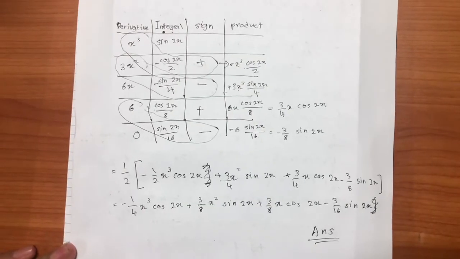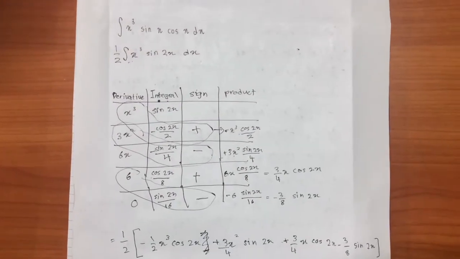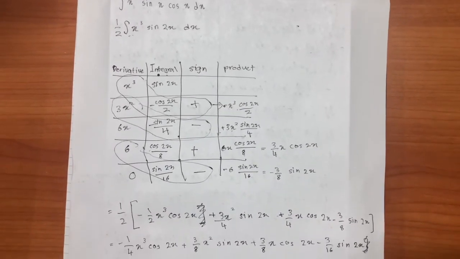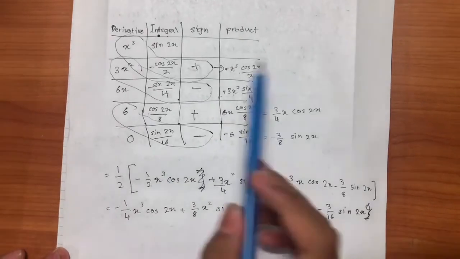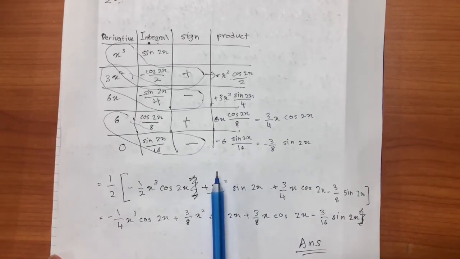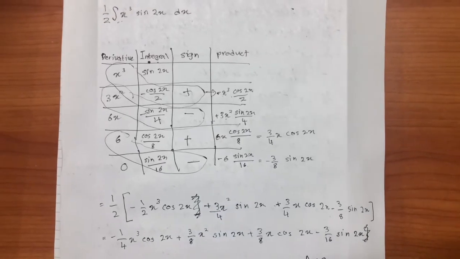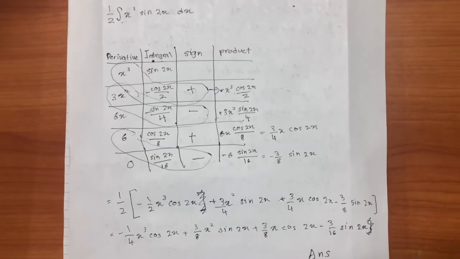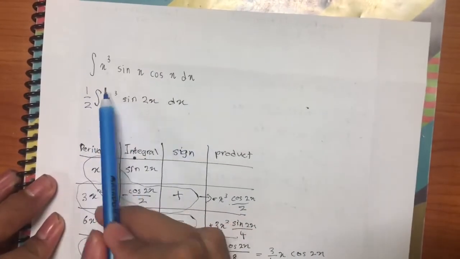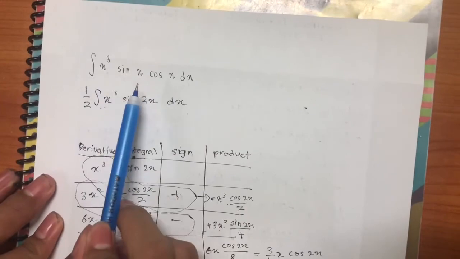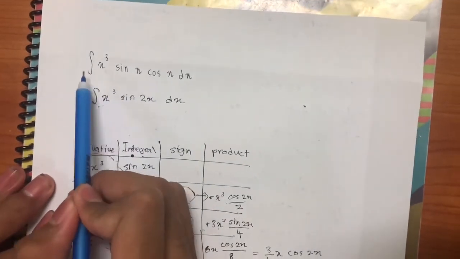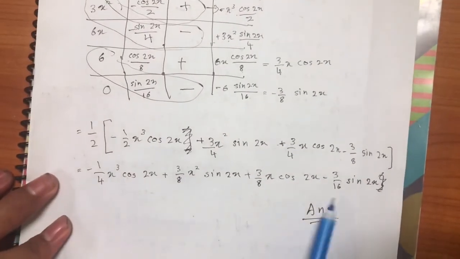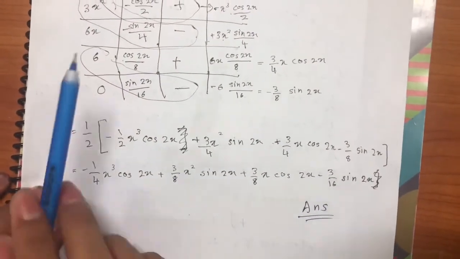Okay, for this type of question where you have U and V, there are more than one method to solve this, and using this type of method is the simpler one, and I guess you can solve it really fast and without any mistakes. Okay, so for this question, this is an indefinite integral question, whereas there is no limit. So for the answer, this answer is the general answer for the question.